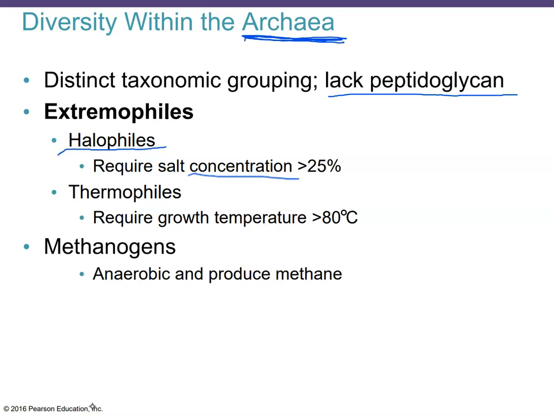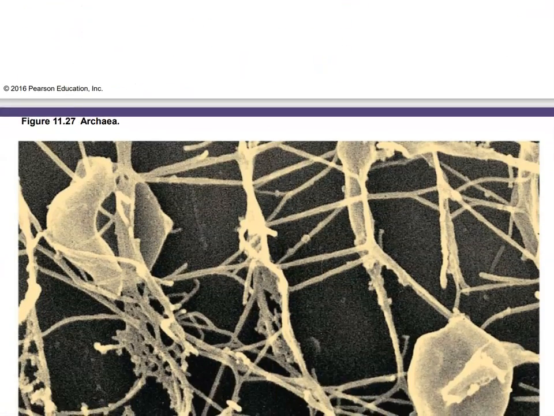They require salt concentration of above 25%, which is extreme. The thermophiles, they love it hot, above 80 degrees Celsius, very hot. I mean, consider 100 degrees is boiling. And methanogens, they produce methane. So those are the 3 groups. They're considered extremophiles because they either love extreme salt or extreme heat, or they produce some extreme gas, I guess.